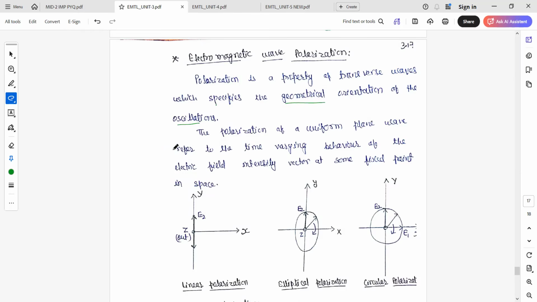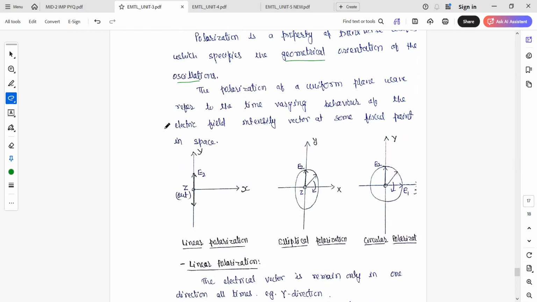So finally, on the basis of orientation, we have three different types of polarization: linear polarization, elliptical polarization, and circular polarization. In case of linear polarization, what you see here is that E2 is on the same y-axis, and on this side we have minus E2. Both have the same magnitude.